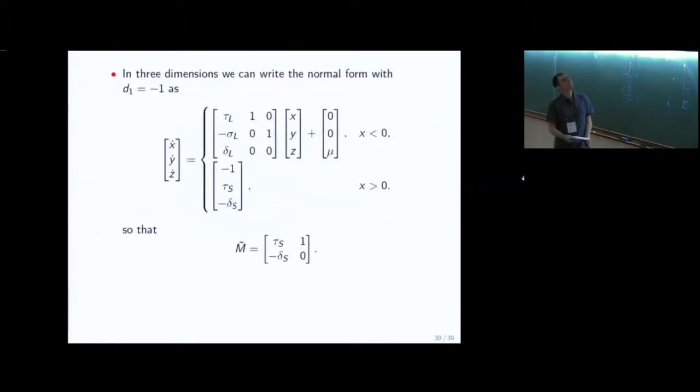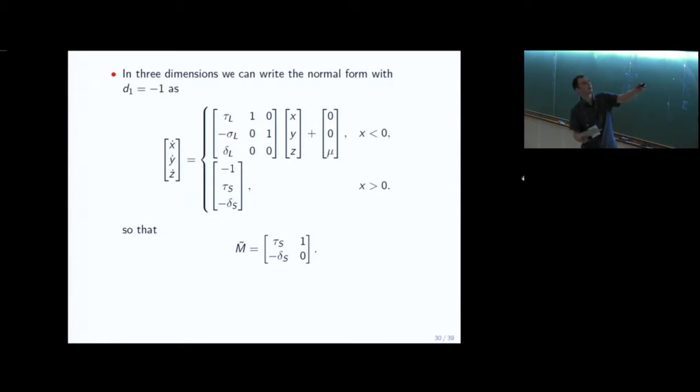In 3 dimensions, okay, so here's our normal form again, and again I've come up with new names for my parameters. So instead of minus A1, minus A2, minus A3, I've got these labels, which I think are more convenient. So why do I think that?